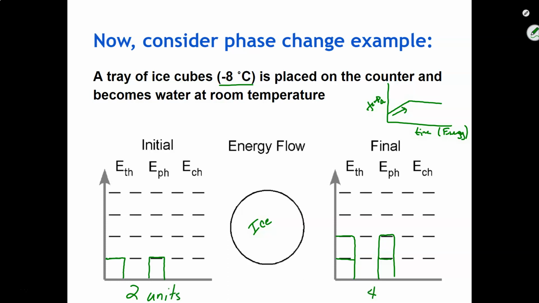I have 4 units here. This means these had to absorb Q, which is my heat energy, in order to do that. We'll use the law of conservation of energy to say that energy is staying within my system. So this was just an example of absorbing energy. So this would be an endothermic process again.